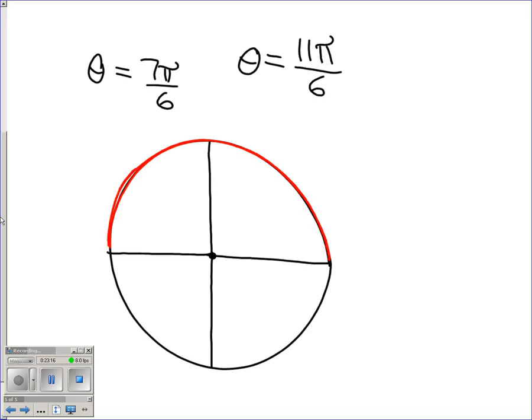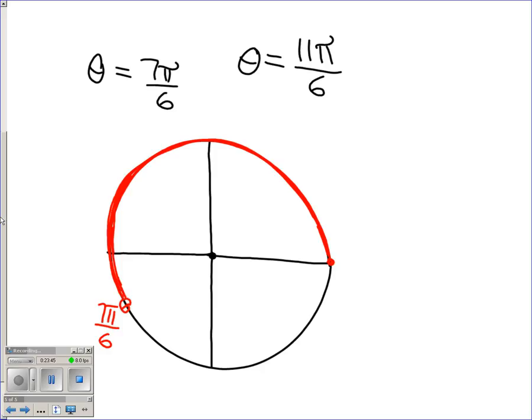And then, as we're coming down until we get to 7 pi over 6, putting an open circle right there, any value on this, any radian measure there for theta, is going to be bigger than negative 1/2.